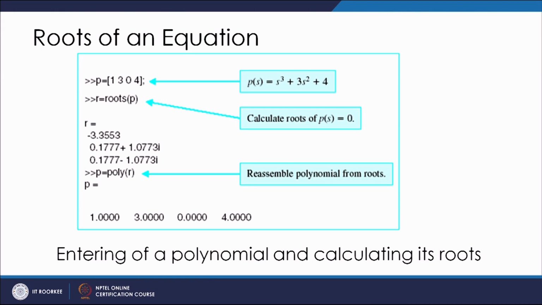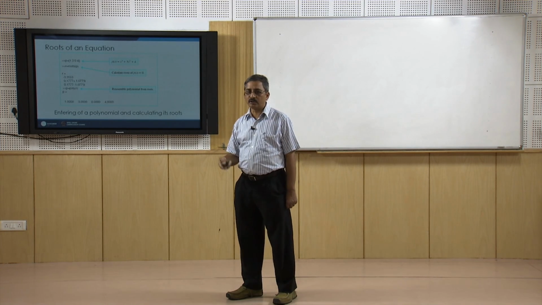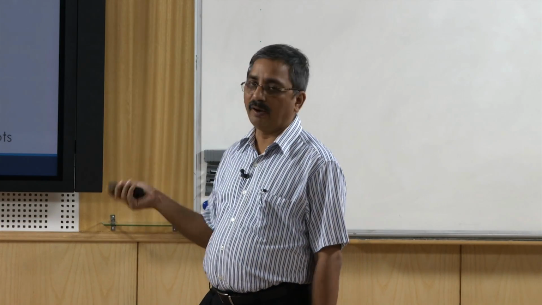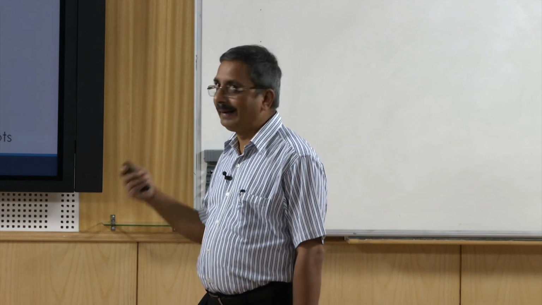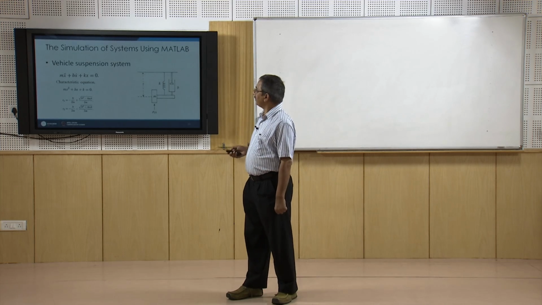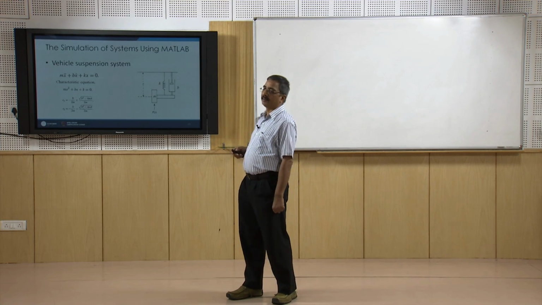This is what you are going to get, and basically this shows the coefficients of s cube, s square, s and the constant term. So, this way we can evaluate the roots of an equation, as well as from those roots we can create the equation again.